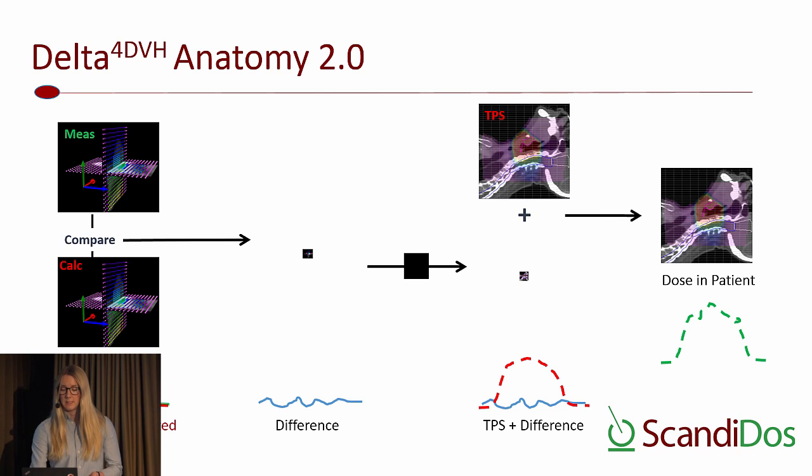So what this really means is that we use the TPS dose with the TPS accuracy and just add a dose deviation, which is about an order of magnitude smaller. And let's say that we did have a deviation between two different algorithms that would be as high as 10%.